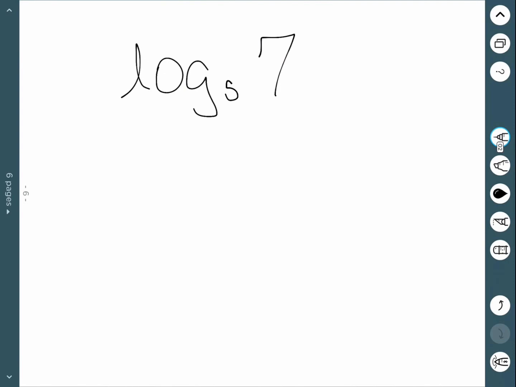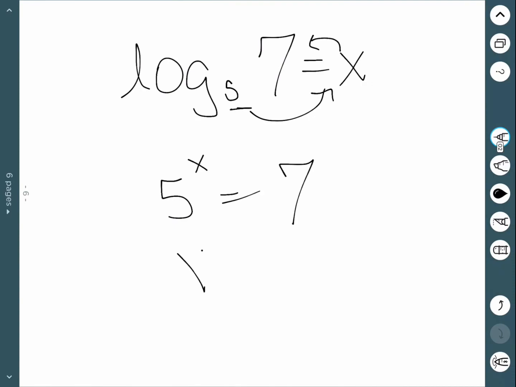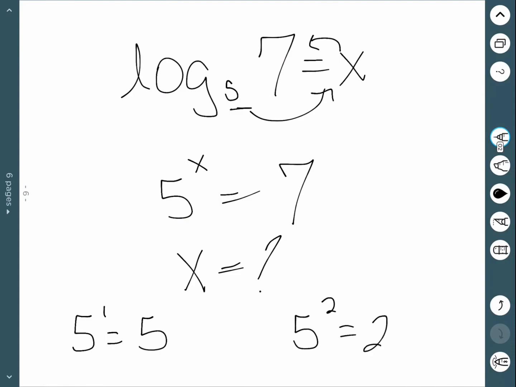What about log base 5 of 7? Well, this time I would have 5 to the x power is equal to 7. So what is x? In this case, it's actually really complicated because we don't know. We know that 5 to the first power is 5, and we know that 5 squared is 25, so we can say it's somewhere between 1 and 2, probably closer to 1 since 7 is closer to 5 than 25, but overall, we can't really say.